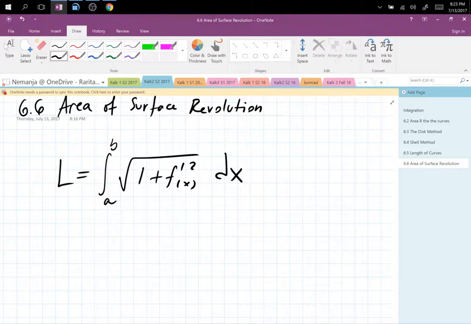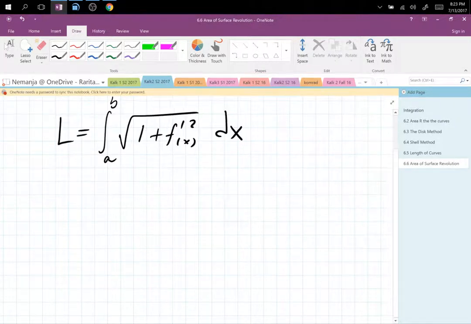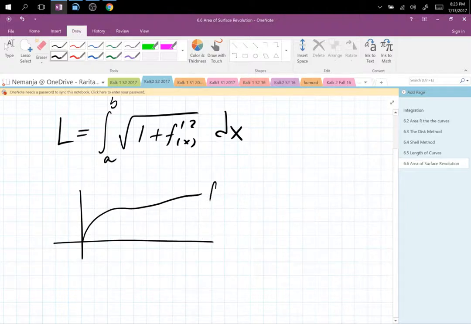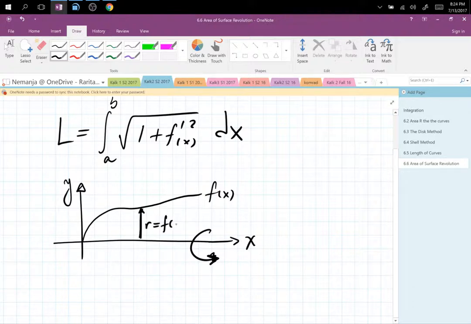So what we are looking at today is the area, which means that we need another dimension, and it's a surface of revolution. So what is it that we need? Well, if you think about the shape and what we are doing, I have some kind of function f of x here, which is to be rotated, let's say, on the x-axis. So this radius here is actually f of x.